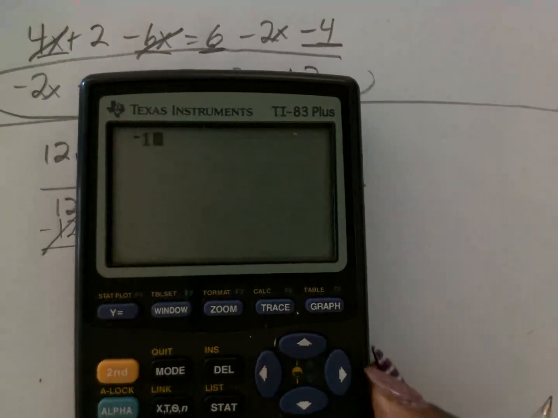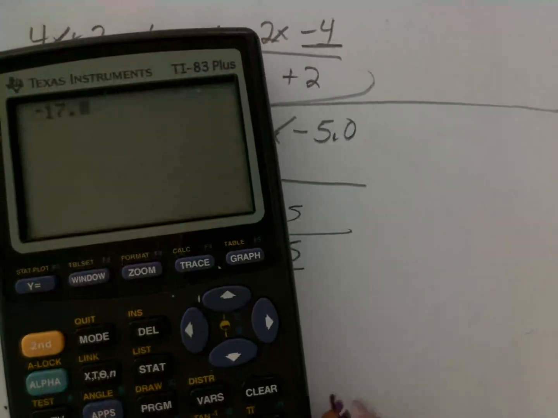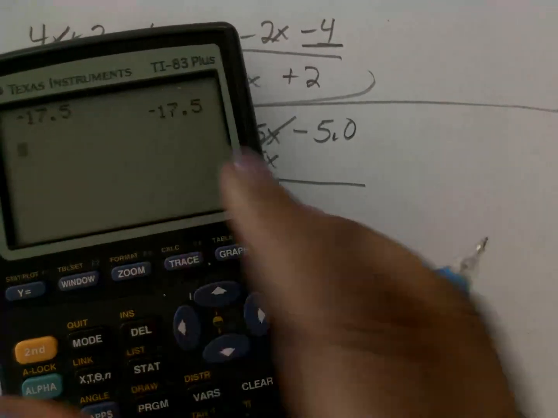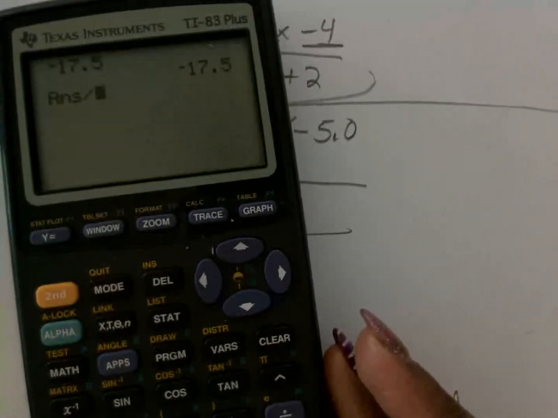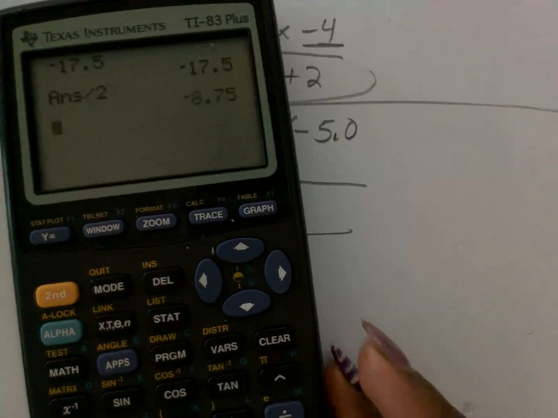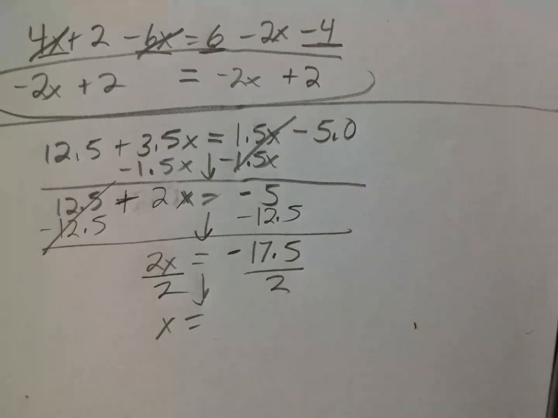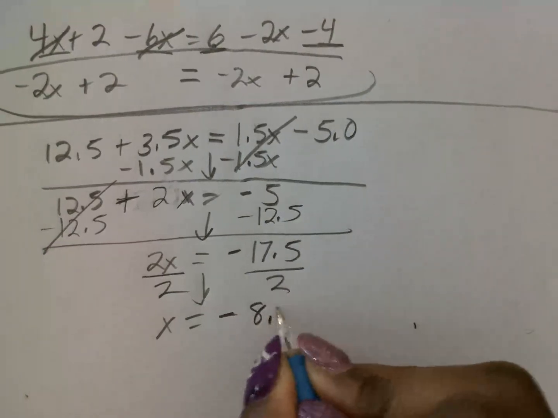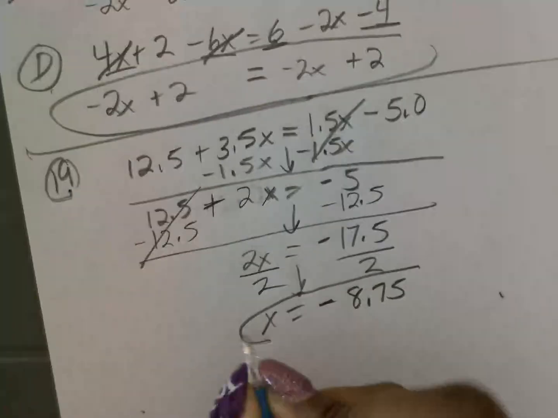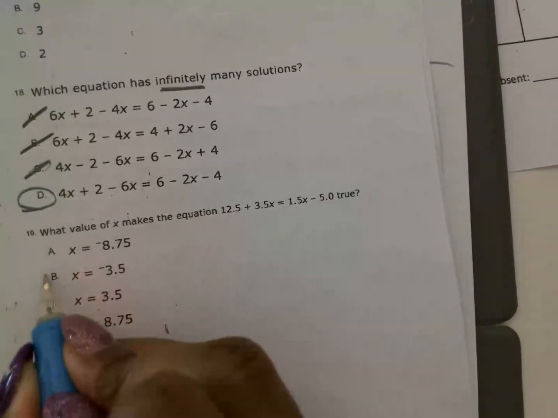We got negative 17, and we can cut this 50 in half and get 25, right? Oops, forgot to divide. Divide by 2. So we got 75. What did I do? No, I did it right. Okay, I'm tripping. That's what happens when you get towards the end of the day, y'all. Woo, glory. All right, and so this gives you a.